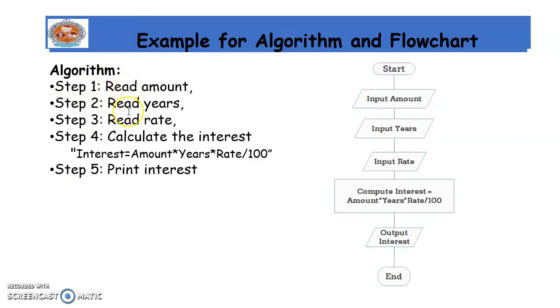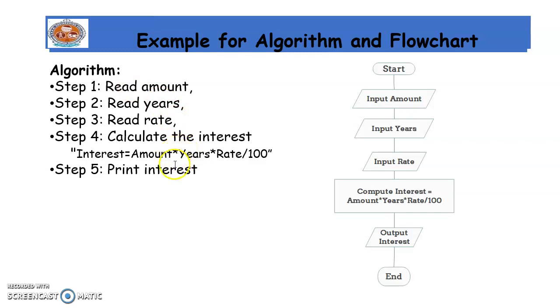Step two is to read number of years, and step three is to read rate of interest. Now we need to calculate the interest by using the formula interest equals amount multiplied by years multiplied by rate divided by 100. Now we'll get the interest in a variable called interest. The last step is to print the interest. So this is the actual algorithm.